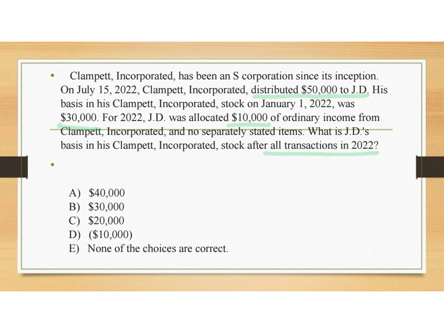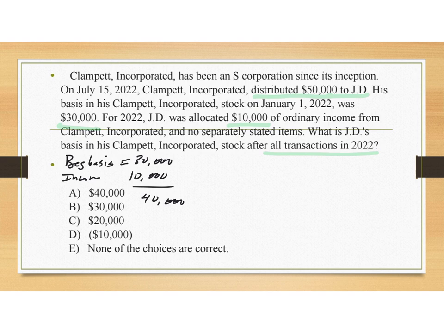All right, so beginning basis was, what was it? His basis on January 1st was $30,000, and his share of the income was $10,000. So that's a $40,000 basis.